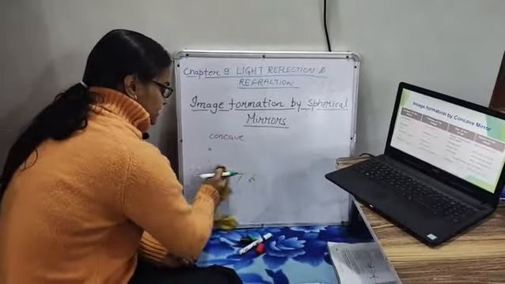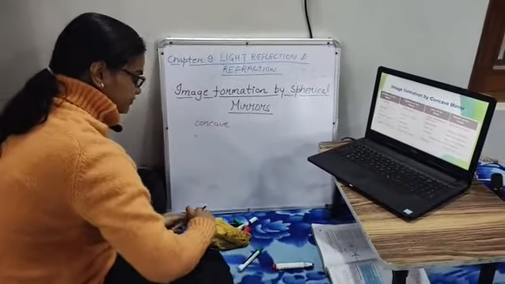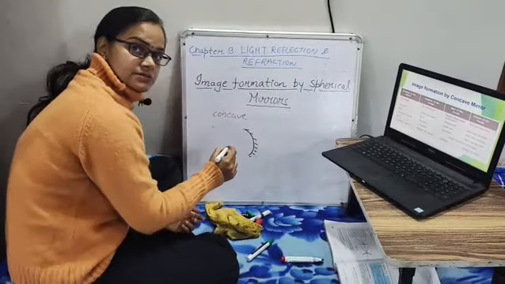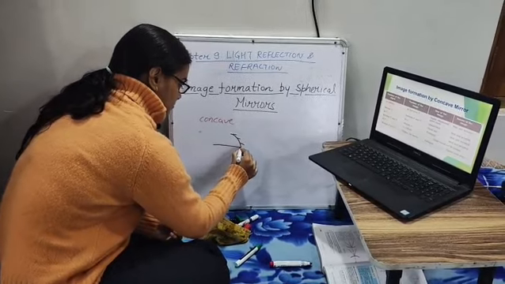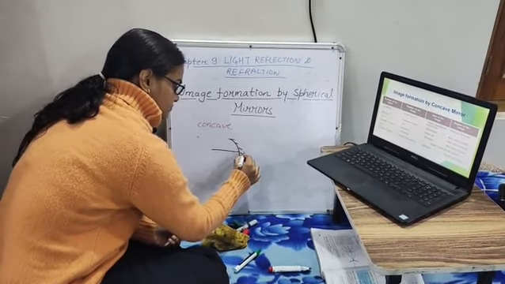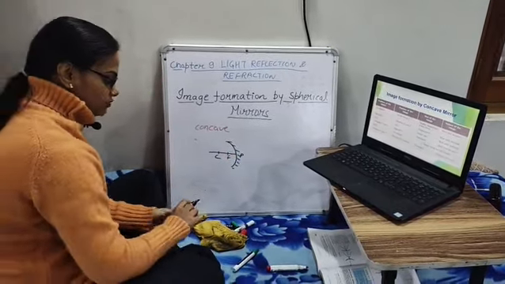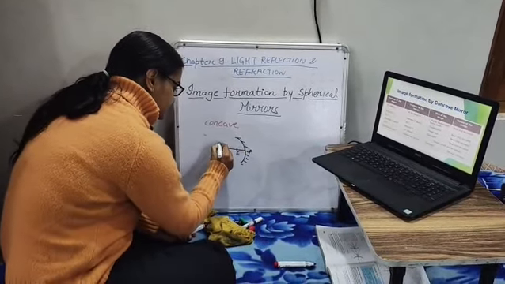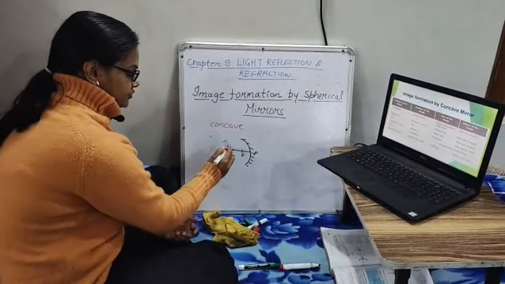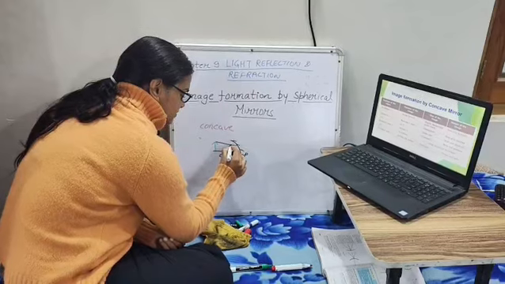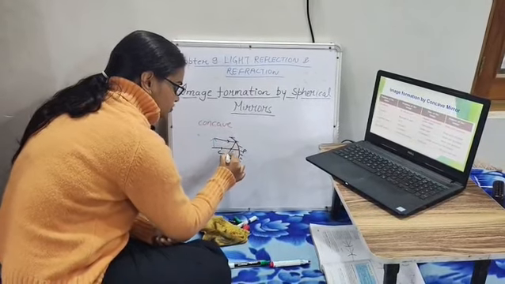Now coming to the second case. This is P, F and C. When the object is placed beyond C, beyond the center of curvature, the light coming parallel to the principal axis will be reflected passing through the focus.